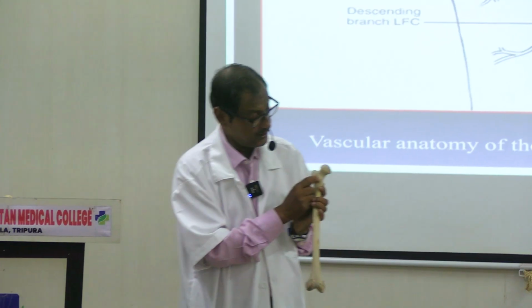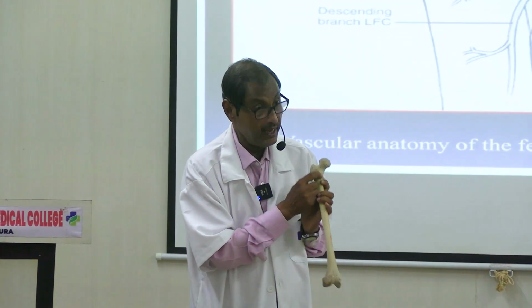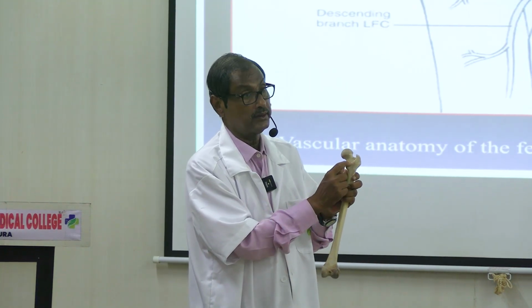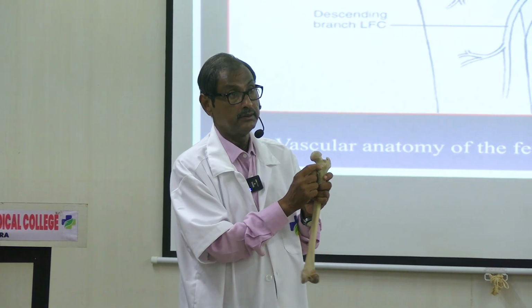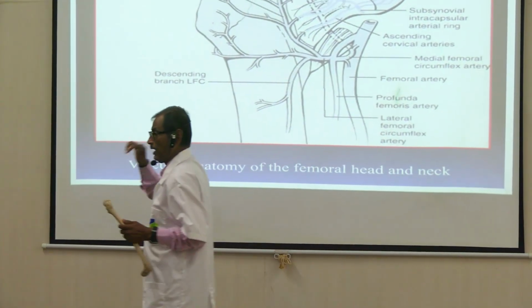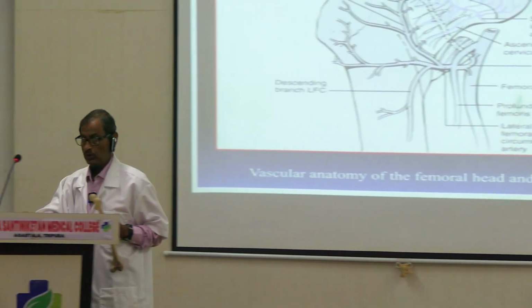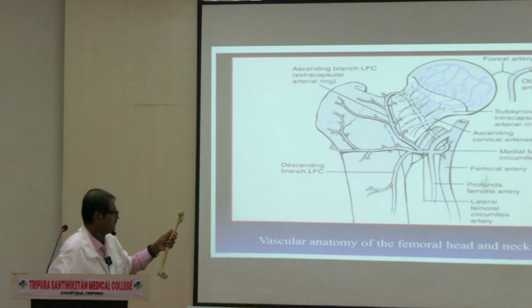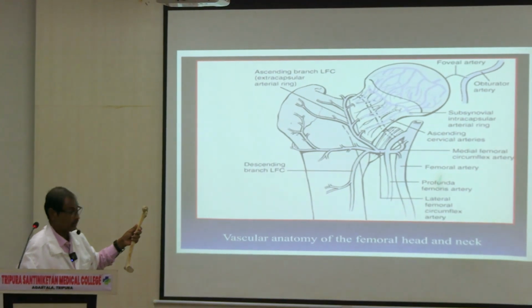There the capsule is attached here. And this is the intertrochanteric crest, a ring above the bone. So these two arteries are very important when a fracture occurs.